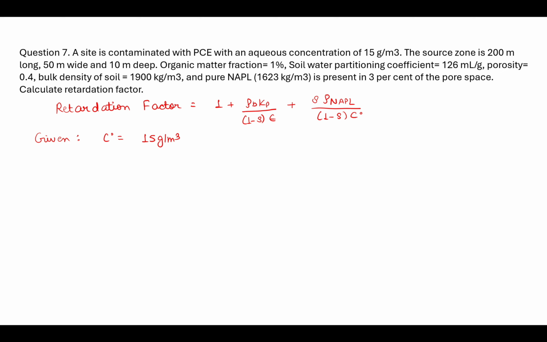We will convert it into grams per liter, so it will be 15 upon 1000 gram per liter. The organic matter fraction is 1%, which will be 0.01.